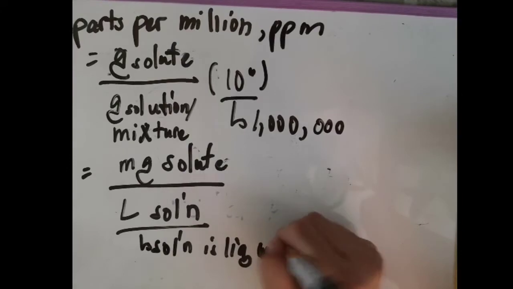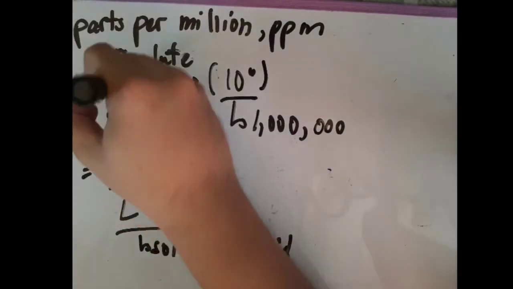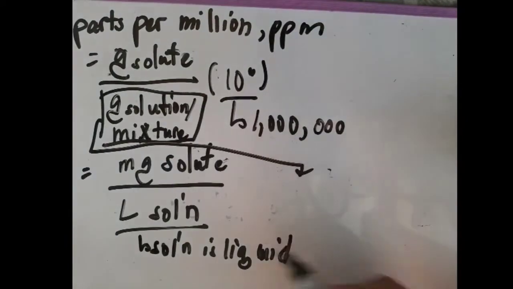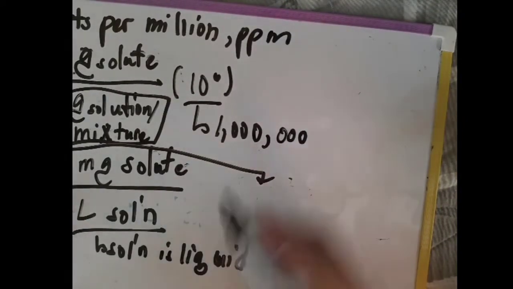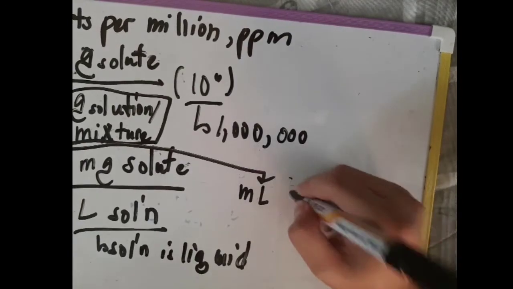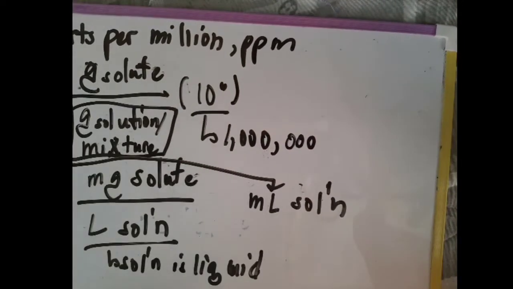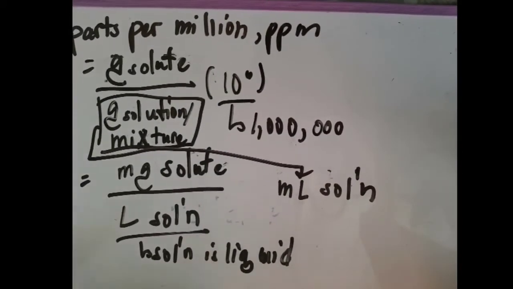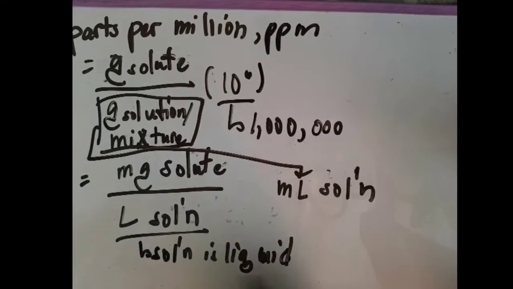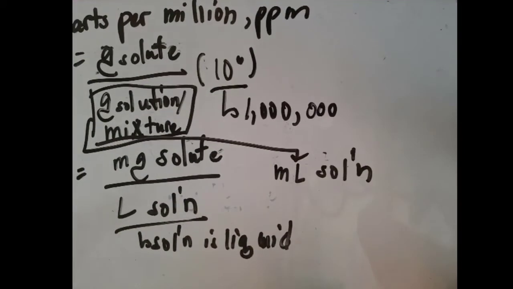So let me correct that: the amount of the solution can be expressed not only in grams but also in mL of solution. So, rephrasing my previous statement, parts per million is grams of solute over grams or milliliters of solution or mixture multiplied by 10 to the 6. Or this could be expressed as milligrams of solute per liter of solution, if your solution adopts a liquid phase.